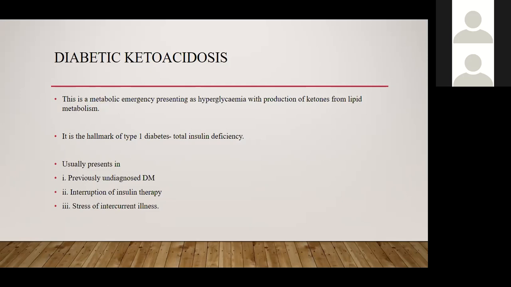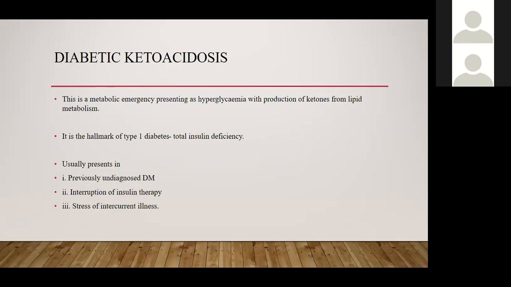So we are looking at DKA, and usually we say that DKA would happen when there's total insulin deficiency. What does this mean? You remember our previous lecture, we said that in terms of diabetes, you can have type 1 diabetes where you have total insulin deficiency, or you can have type 2 diabetes whereby there's insulin.